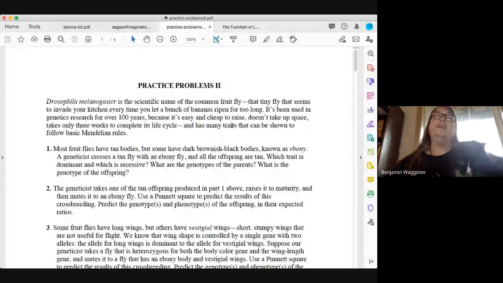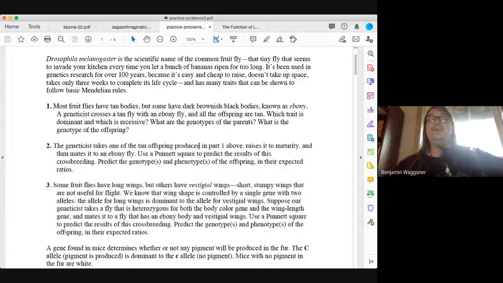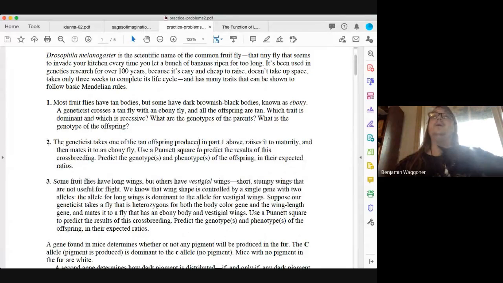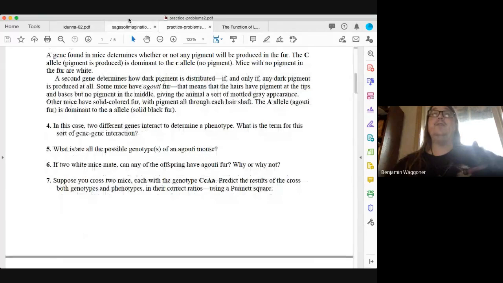This first one is actually very similar to one on the first problem sheet. There's a number of cases where you'll get pretty much the same problem, but it's done with different organisms. But the second one about mice is one that you haven't seen yet.